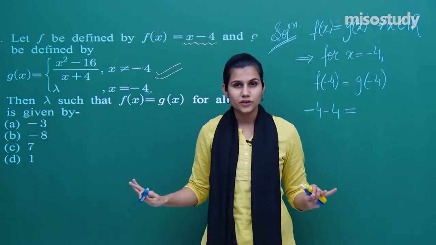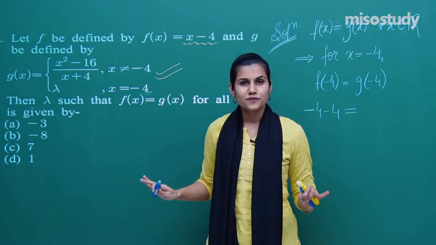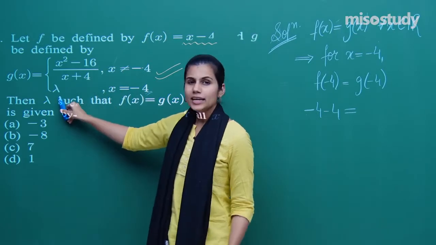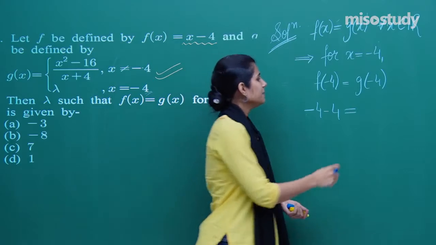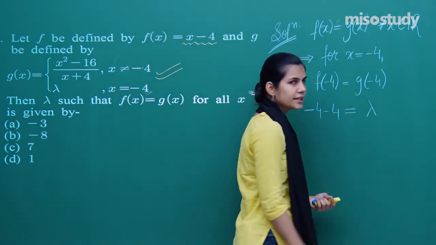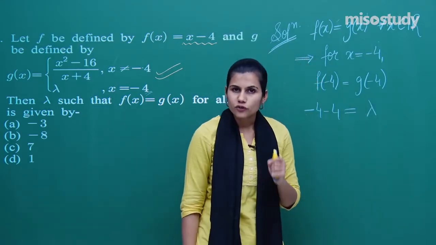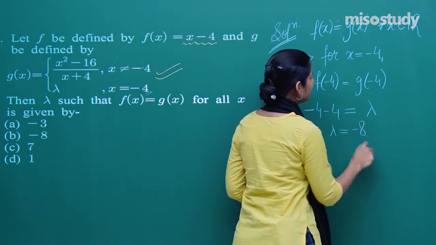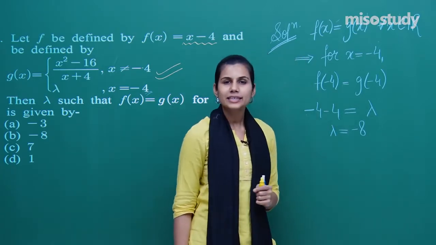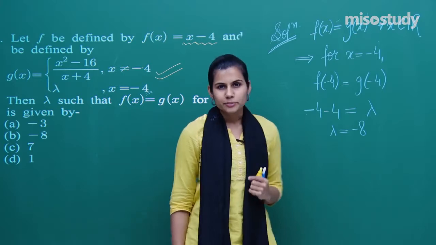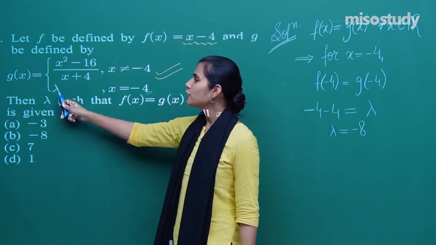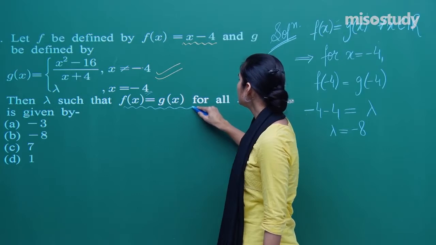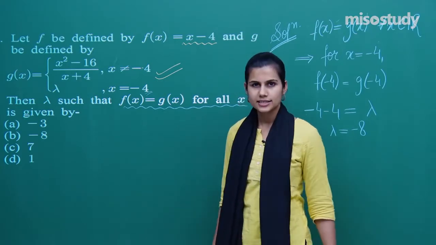I don't know what that value is. Let us find out therefore. Right now it is unknown to us, so let me just write that unknown quantity, which is standing for g of minus 4. So this brings lambda equal to minus 8. That means it is for lambda equal to minus 8 that fx is equal to gx for all x.